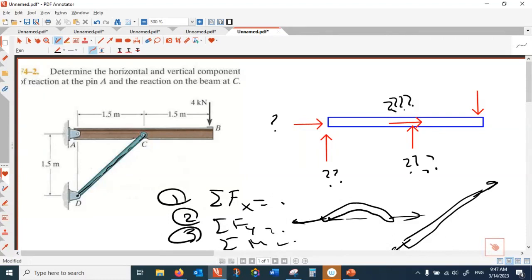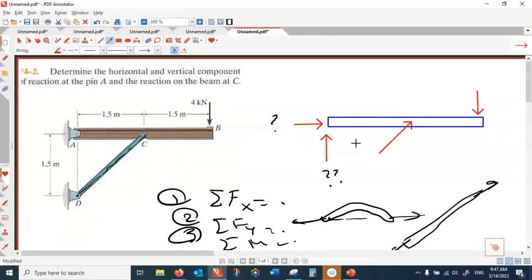So with that longitudinal, I know the direction of force at C. So I don't have to worry about 2. Let's just get rid of these 2 components and replace this with 1 single magnitude, because the direction I already know. What is the direction? The direction is direction of DC.